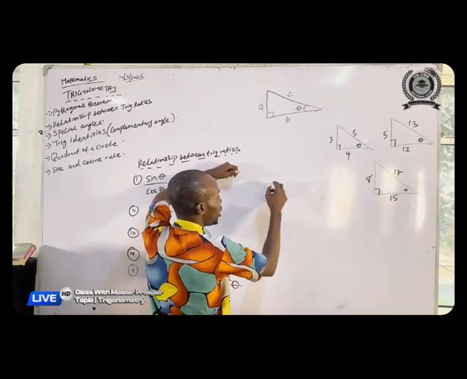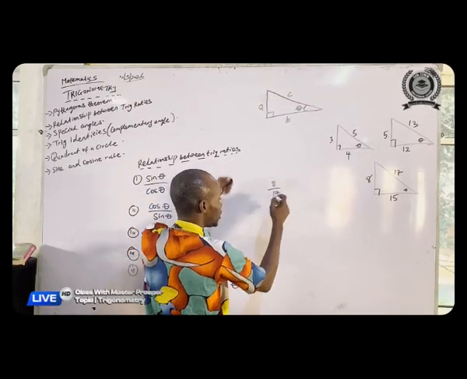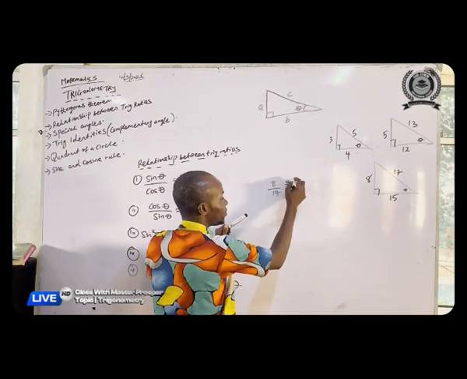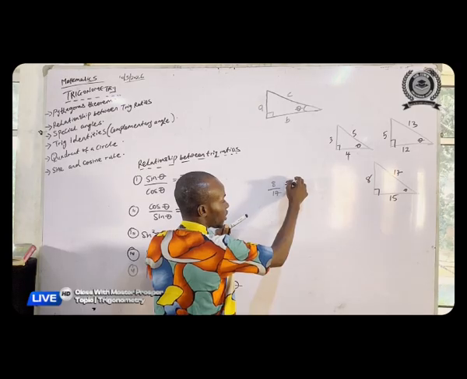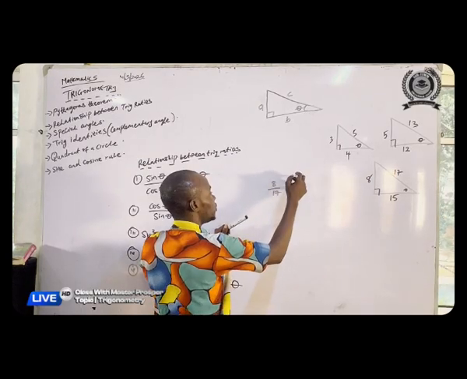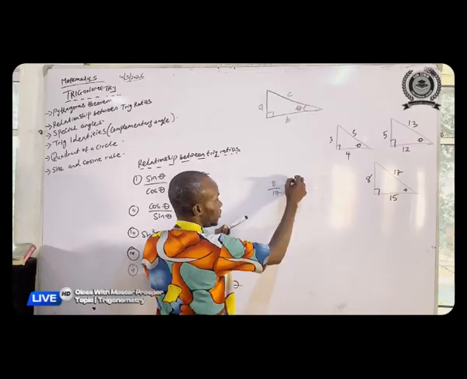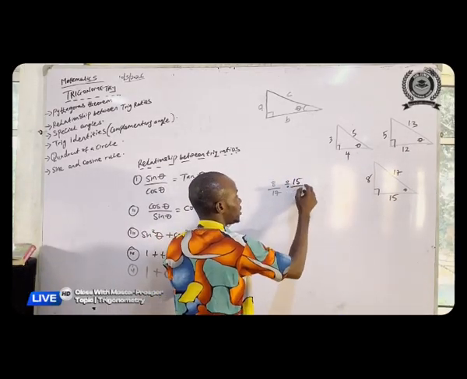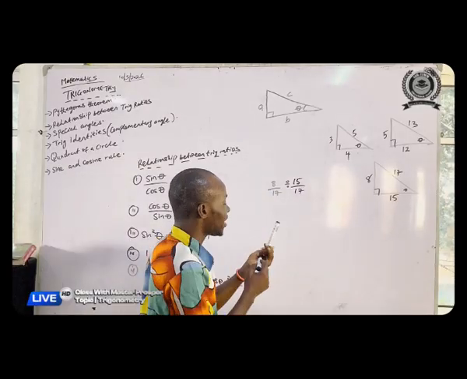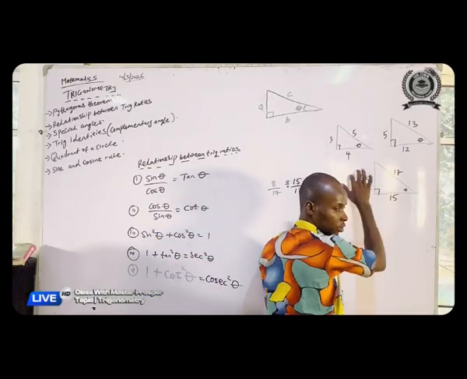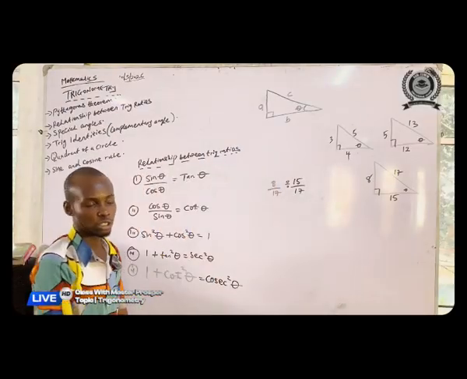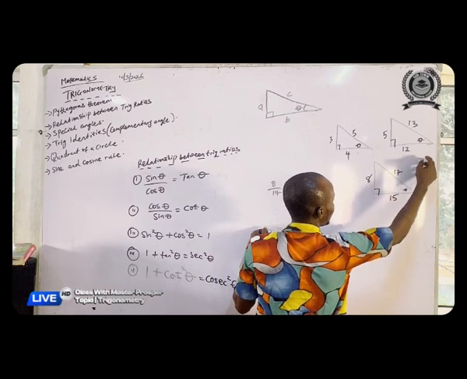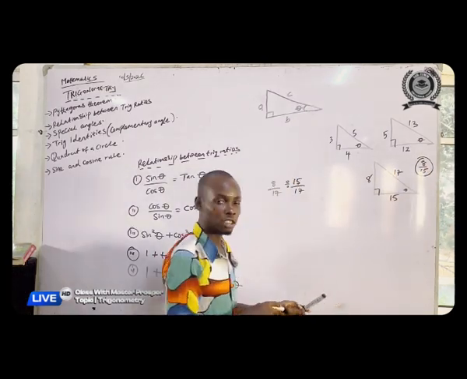I will now say 8 over 17, divided by our cos theta, which is 15 over 17. Now what is our tan theta here? Our tan theta is equal to 8 over 15. They are trying to tell you that after solving, you are going to have 8 over 15.